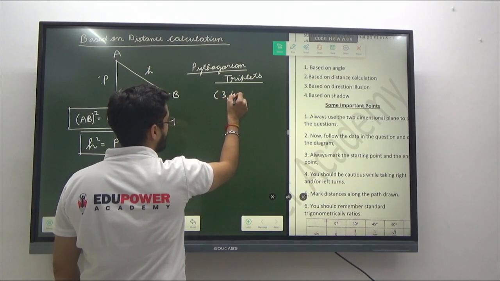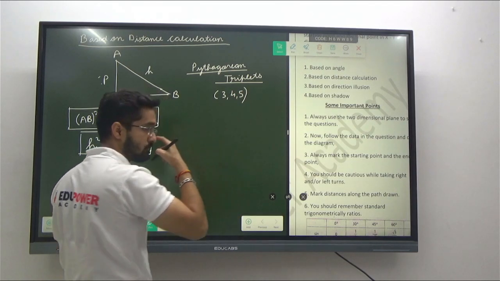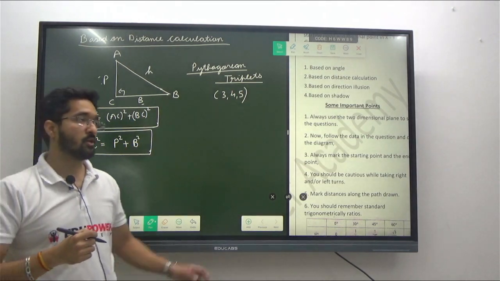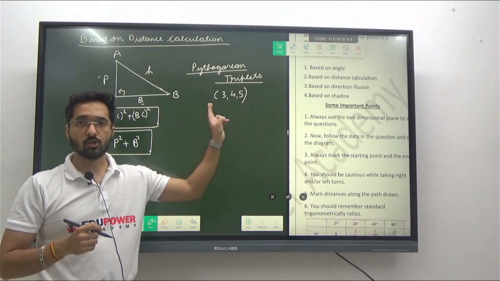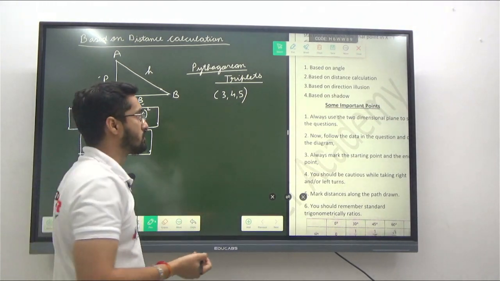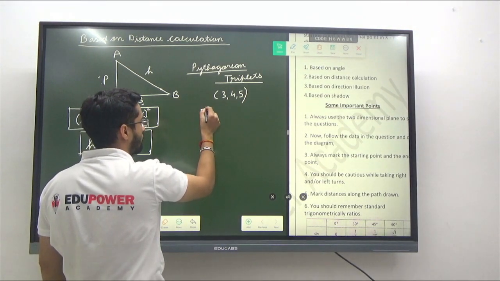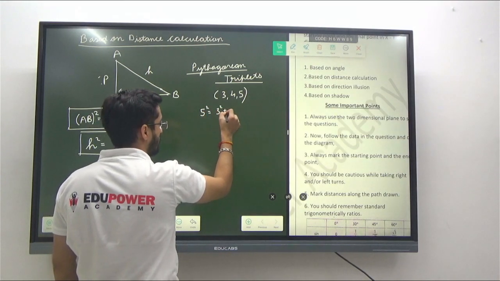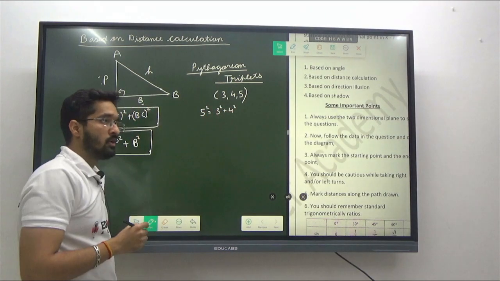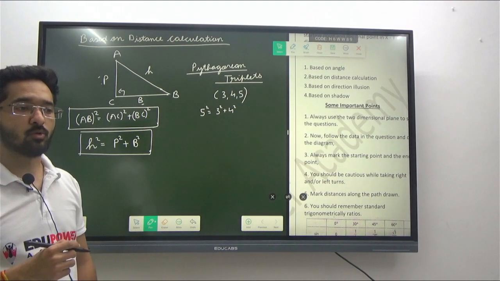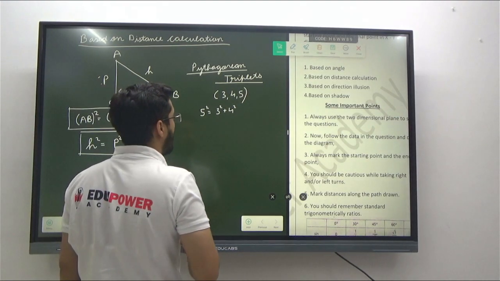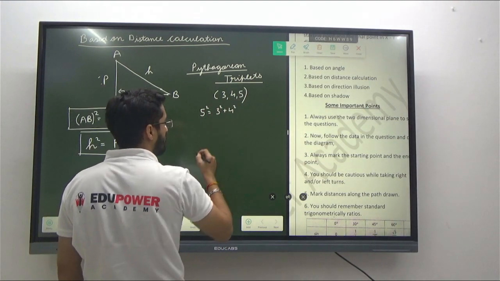These are the triplet, they satisfy the Pythagoras theorem. So, we know that 5 square is equal to 3 square plus 4 square. It is a triplet which satisfies the Pythagoras theorem, and any multiple of this 3, 4, 5 will also be a triplet.